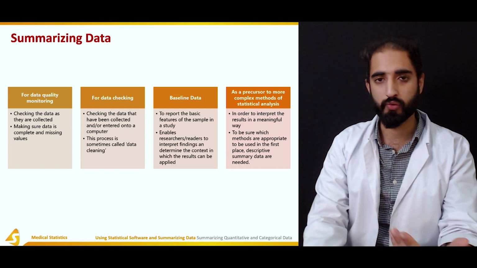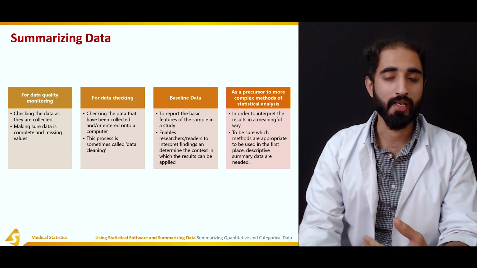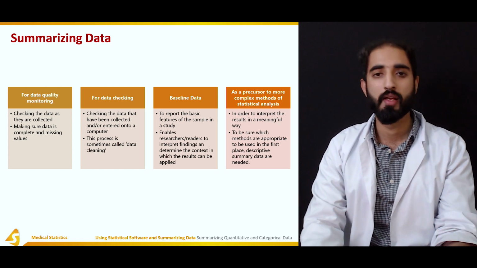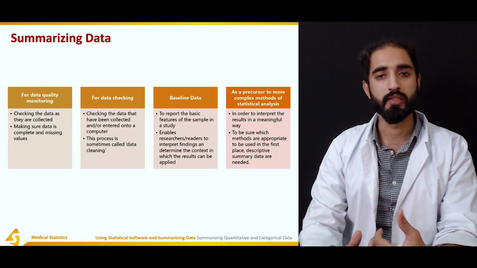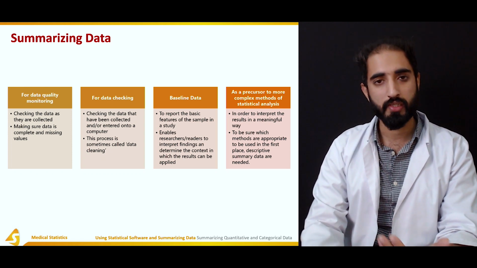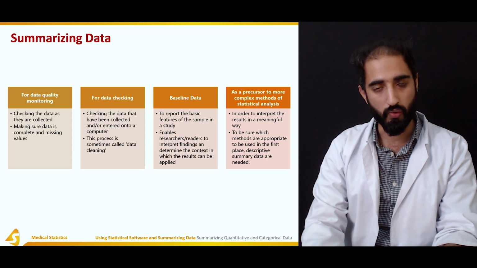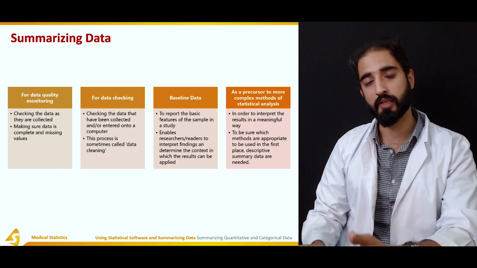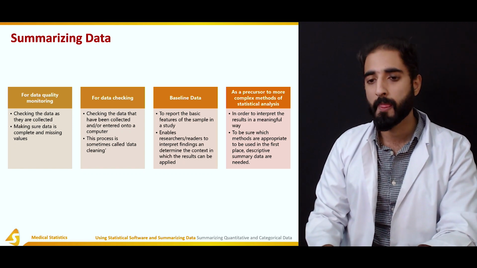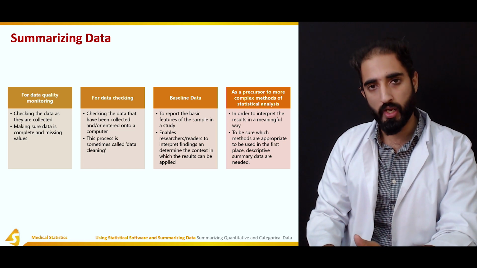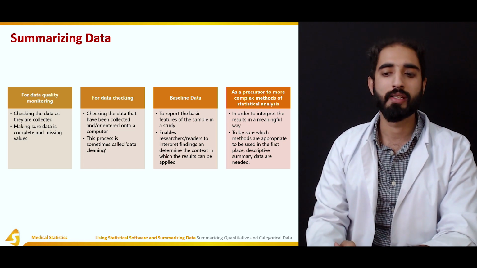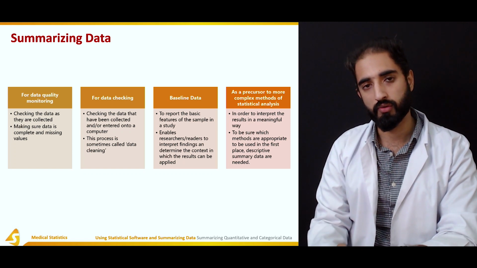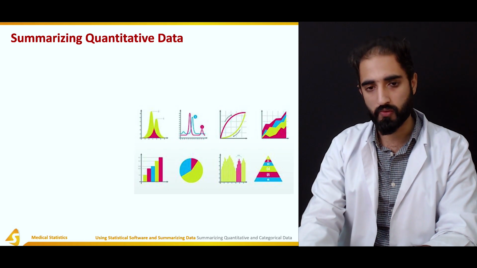For example, understanding whether your data is normally distributed or abnormally distributed or skewed, whether it has right side skewness or left side skewness, and if it is skewed or not skewed, which measures of central tendency should I use, which measures of variability should I use in interpreting and reporting my data, in order to interpret the results in a meaningful way as well, and to be sure which methods are appropriate to be used in the first place. Descriptive summary data are needed. So that is also very important, as I already mentioned and described.